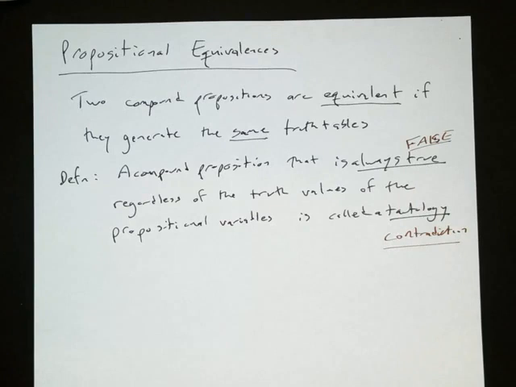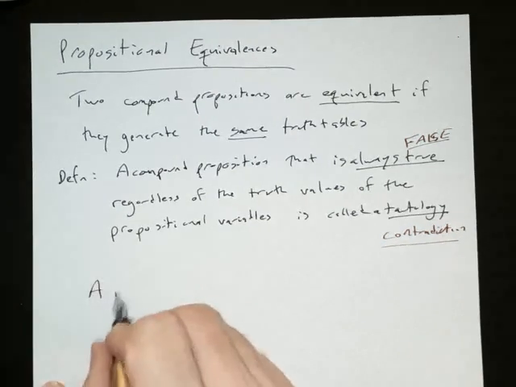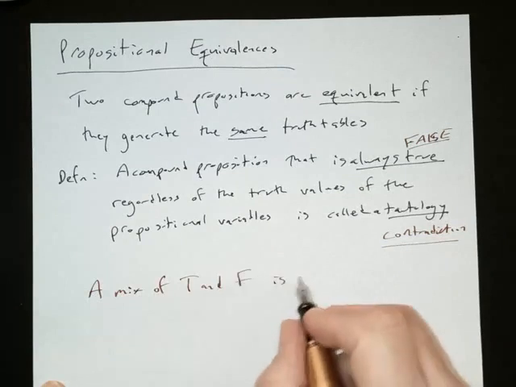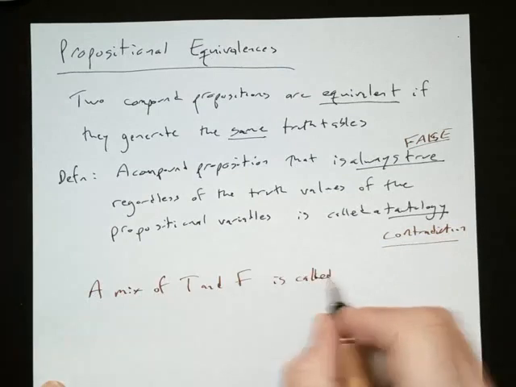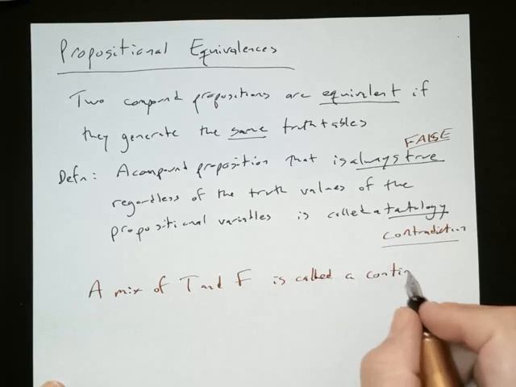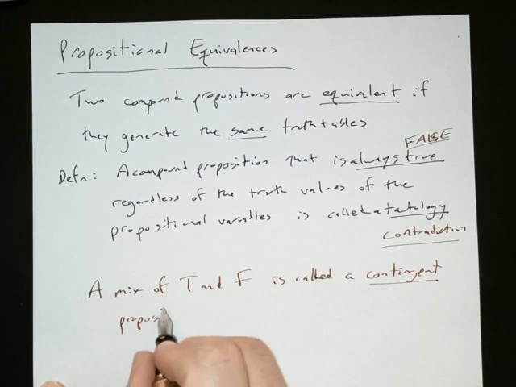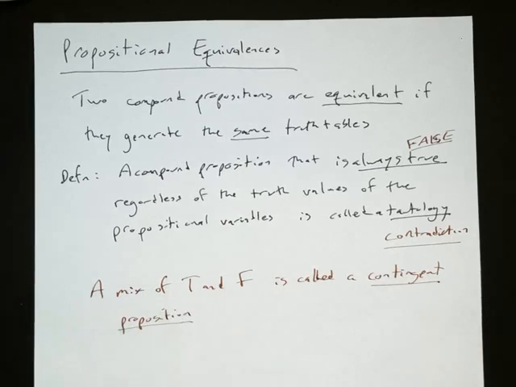But we saw lots of truth tables where the final result was something in between. So if it's a mix of these, it is called a contingent proposition or a contingency.